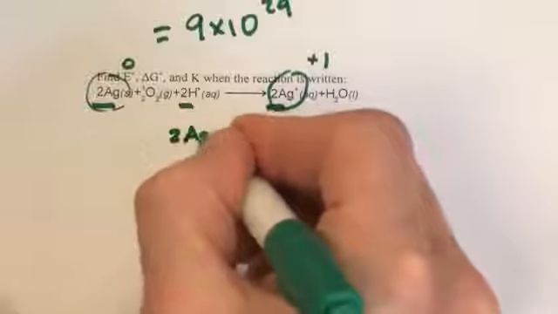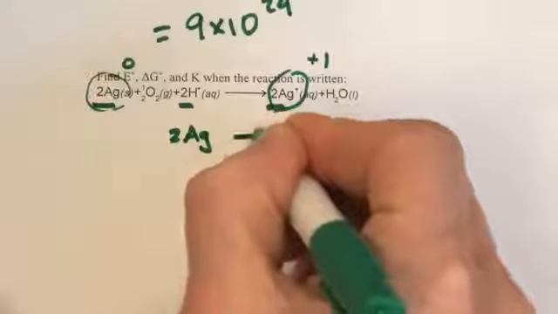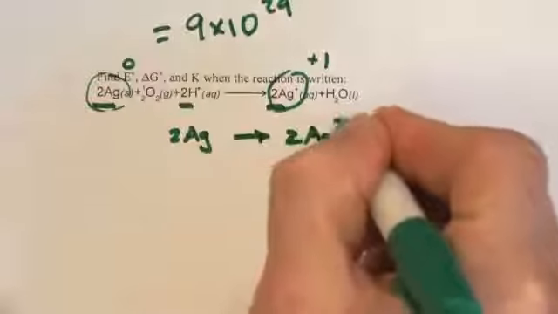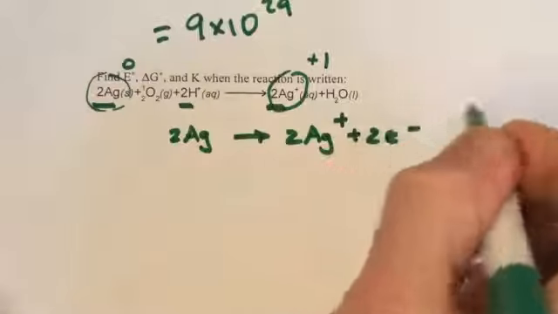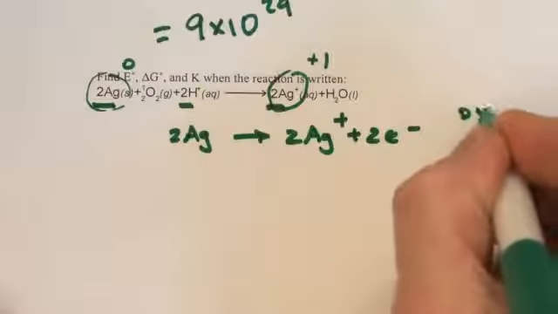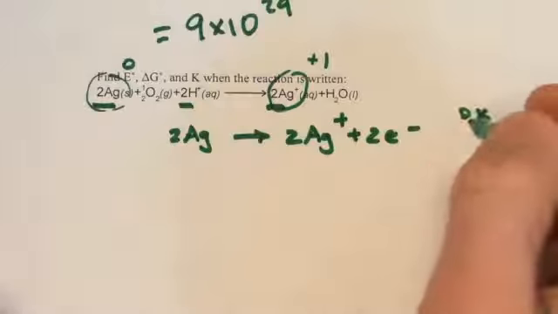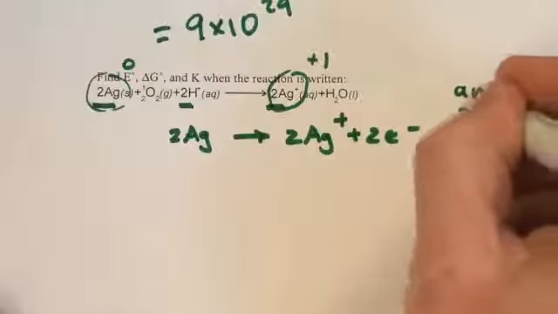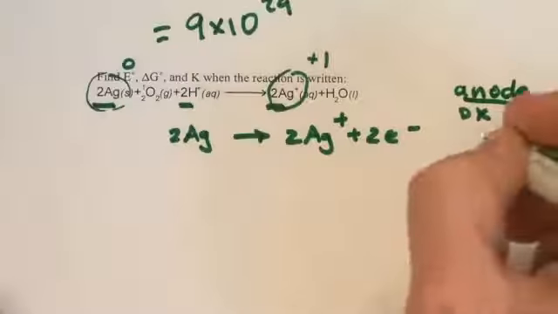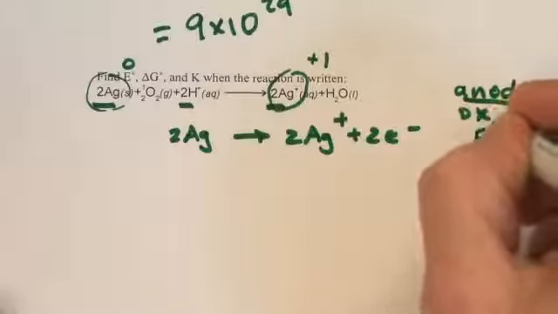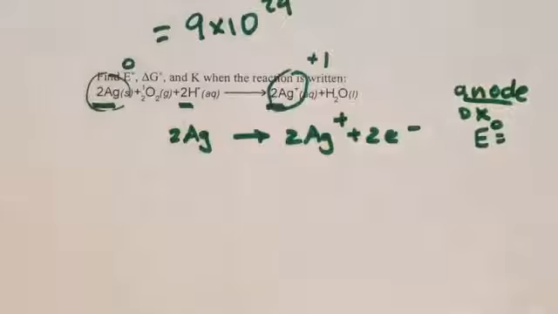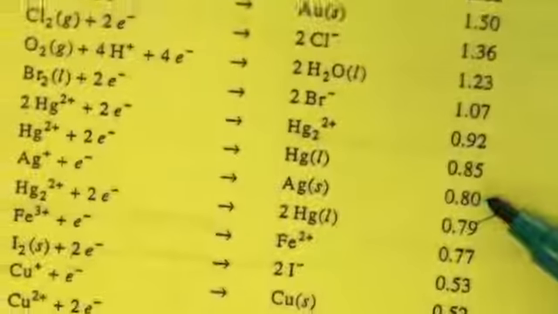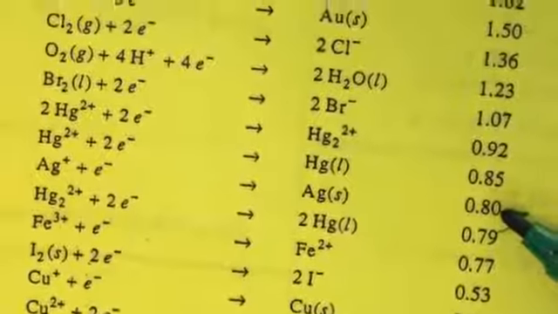And in this case, it's 2 silver goes to 2 silver positives plus 2 electrons, and this is our oxidation, which, remember, is an ox, so this is our anode right here. And the standard reduction potential for this, if I look it up on the yellow sheet, silver's standard reduction potential is right in here. Silver's is 0.8.